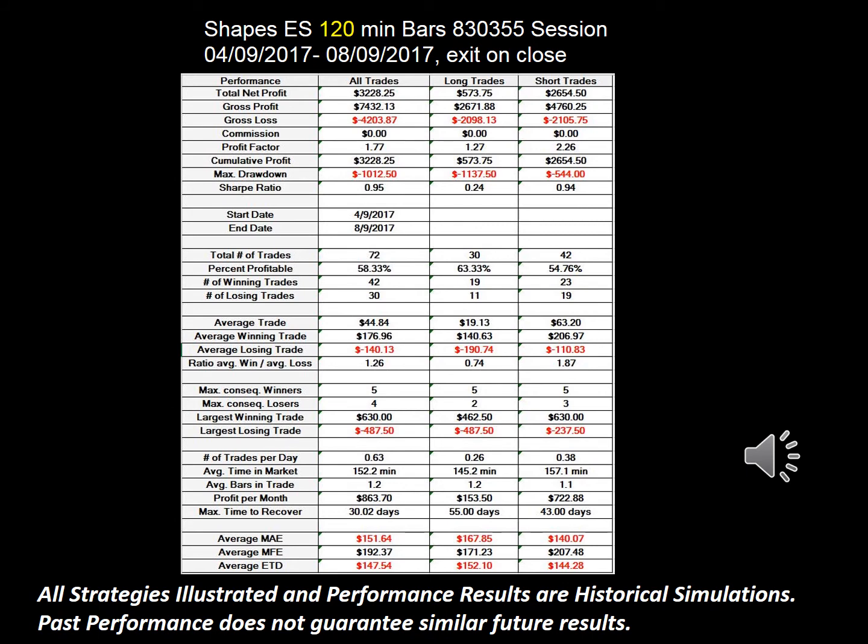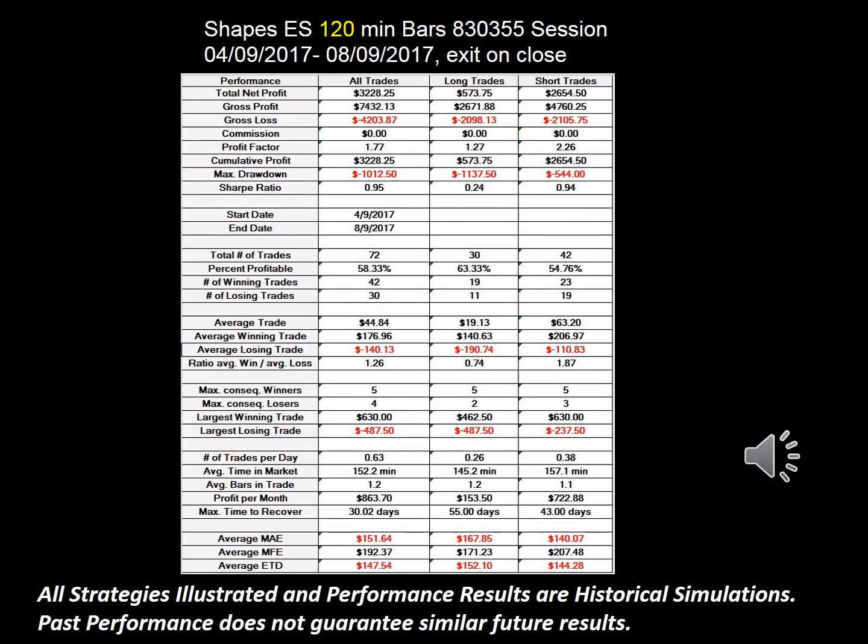The next group of slides are for everyone using Ninja, and again, I won't read everything, but this is the Shapes E Mini. It uses a 120-minute bar. Ninja has a capability to find bar size, and it is showing the period for 4 months.